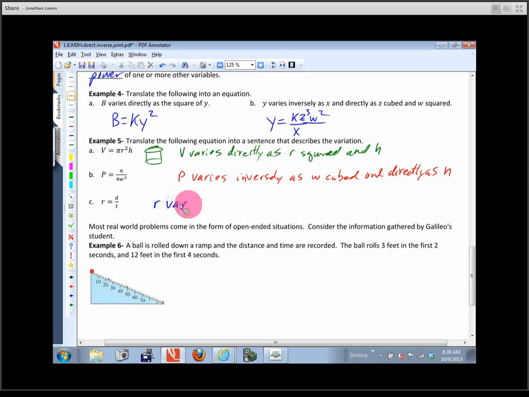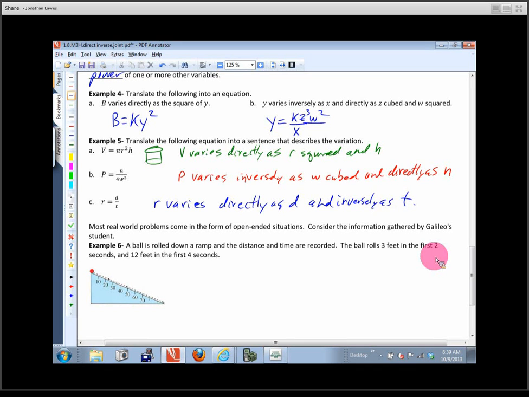R varies, and I'm going to start off with directly, directly as D and inversely as T. Easy enough?